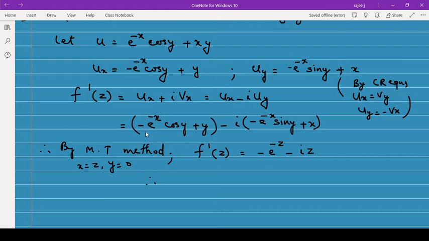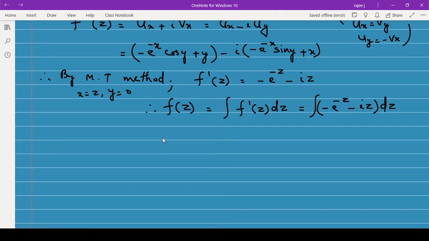Therefore f of z is equal to, integrate both sides, so that is the integral of f dash z, which is the integral of minus e raised to minus z minus iz dz.